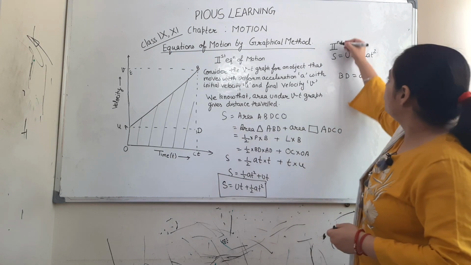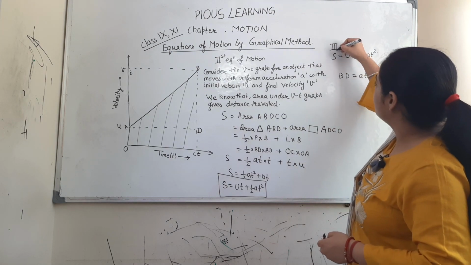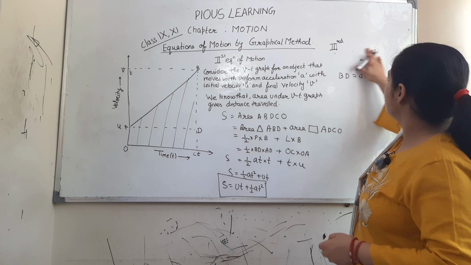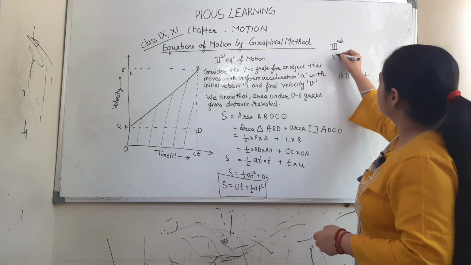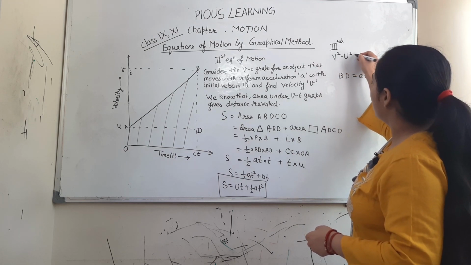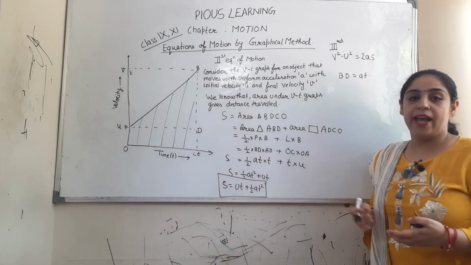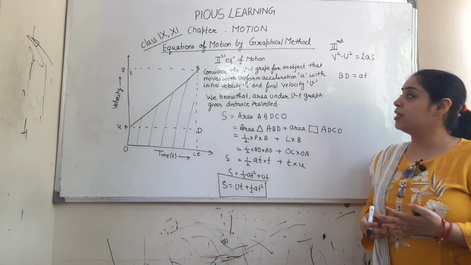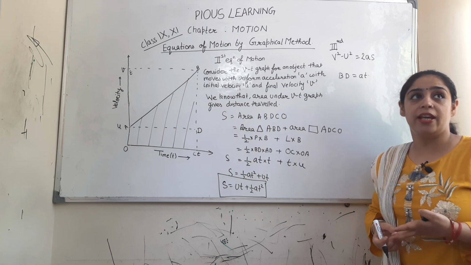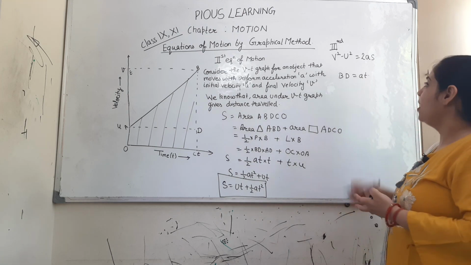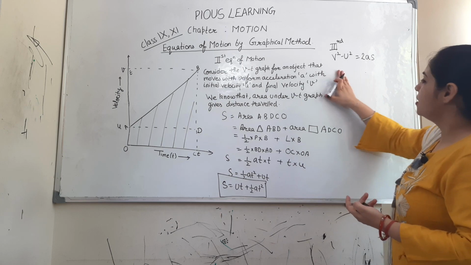Now let's move to the third equation of motion. Third equation of motion says V square minus U square is equal to 2AS. Once again, V represents the final velocity, U represents initial velocity, A being the acceleration and S being the distance or displacement.